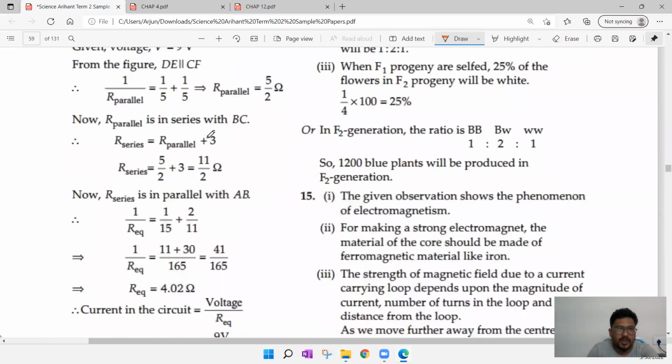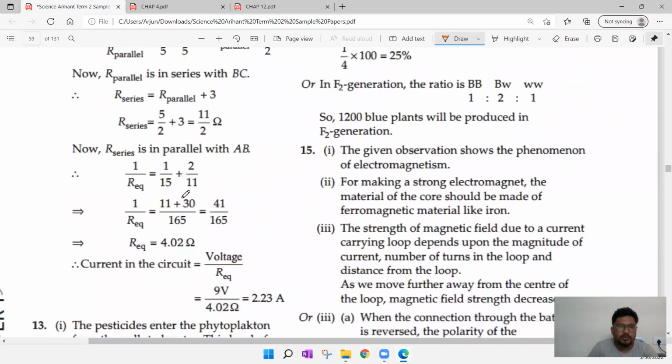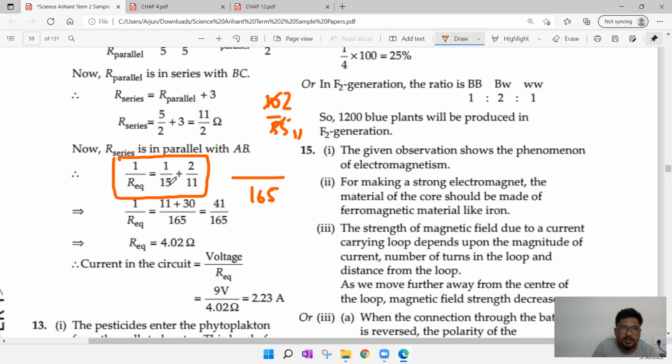Here again, you remember which I said? 1 by R is equal to 1 by 15 plus 2 by 11. Why we got 2 by 11? Because we got 10 by 55, right? 5 2s, 5 11s. Now LCM for 15 and 11 is 165. So you can take LCM 165. Then 15 11s plus 11 15s. 15 into 2, 30.